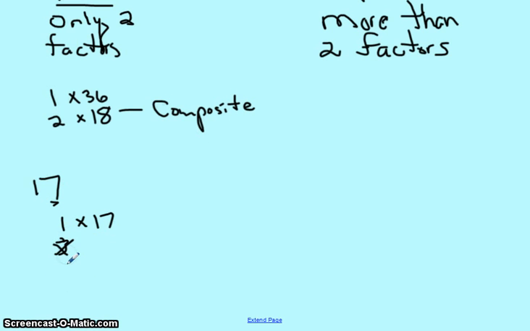No, that doesn't land on 17. Do I need to try 5? No, because multiples of 5 end in 5 or 0. Don't need to try 6. It's even. 7. 7, 14, 21. No. 8's even. 9. 9 plus 9 is 18, so we're over halfway. So 17 only has 2 factors, so it is prime.